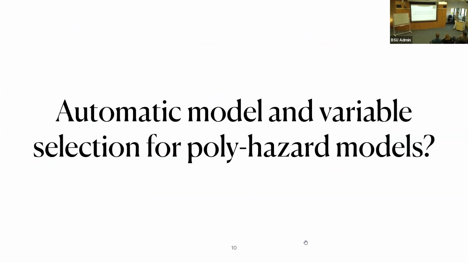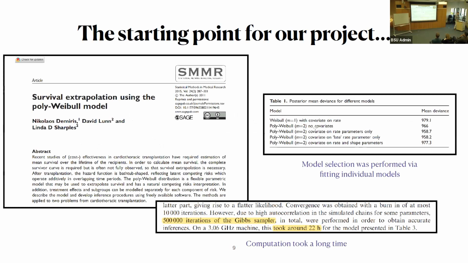And so the idea we came up with is building into the computation automatic model and variable selection. Rather than fitting several different models with and without covariates individually and then comparing them according to some deviance criterion, we perhaps can put a prior on each of these models and set up the MCMC so that it automatically samples from this larger model space and gives you posterior model probabilities for each of these models.